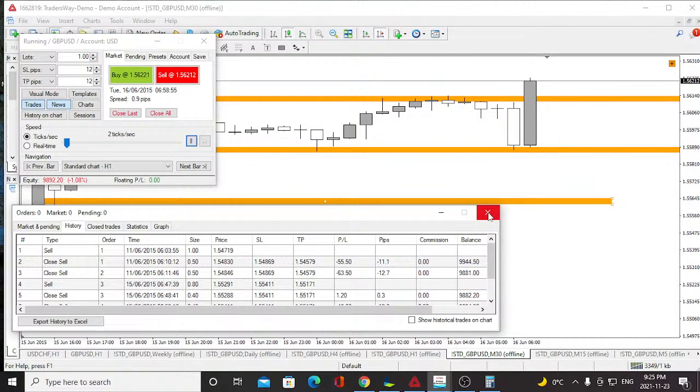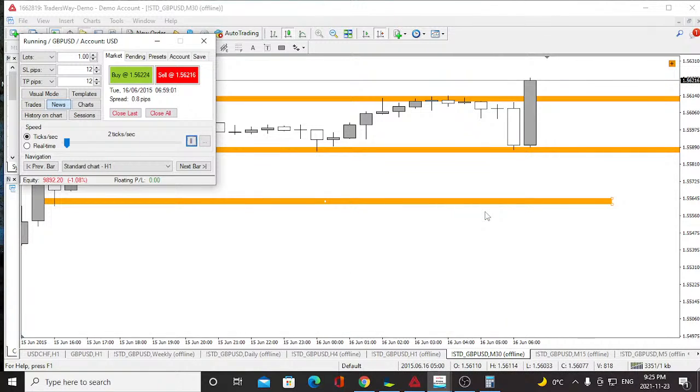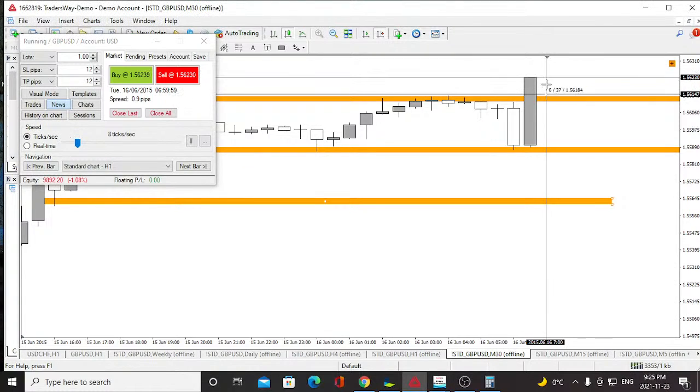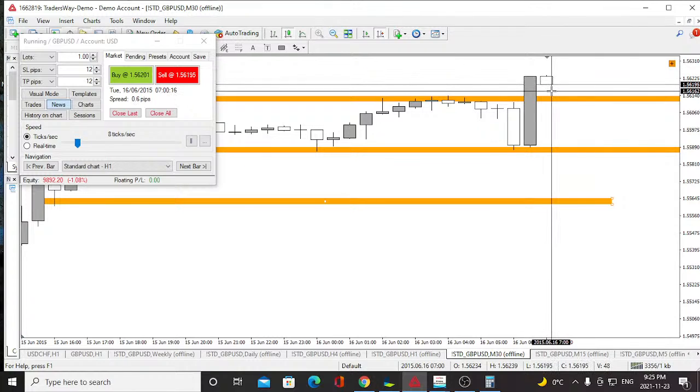Okay, I'm going to close that and speed that back up. So I would have been at like 9 pips, would have gone into 9, 10 pips.